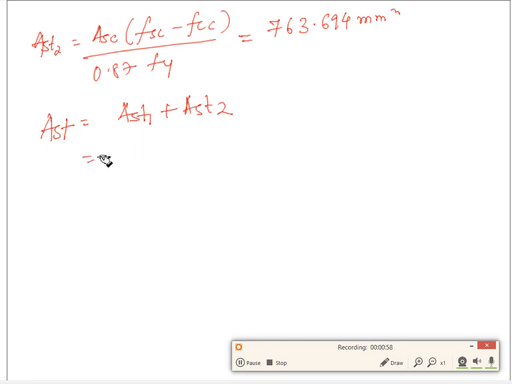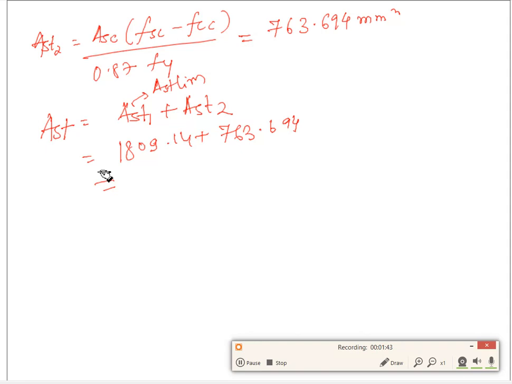AST1 is your AST limiting, which was 1809.14, plus AST2, which is 763.694.